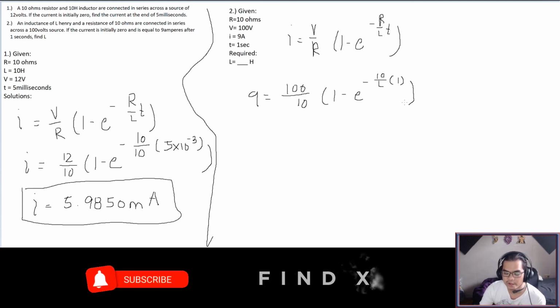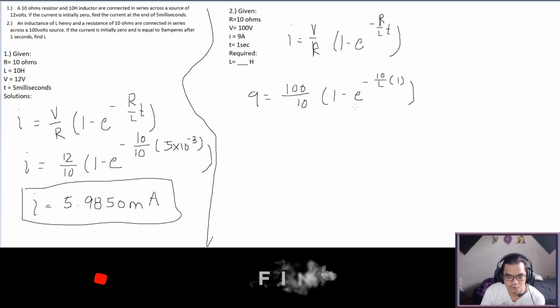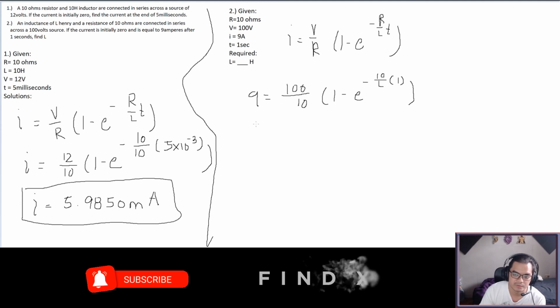So we need to isolate L now. We have to do this algebraically, so let's simplify what we can. 100 over 10 is just 10.